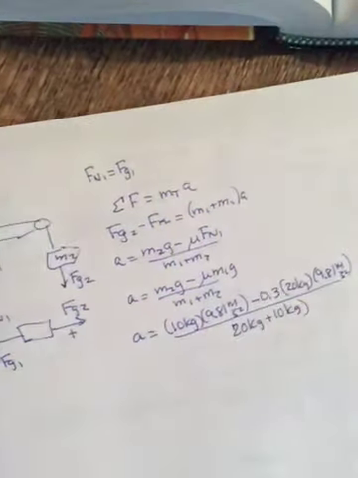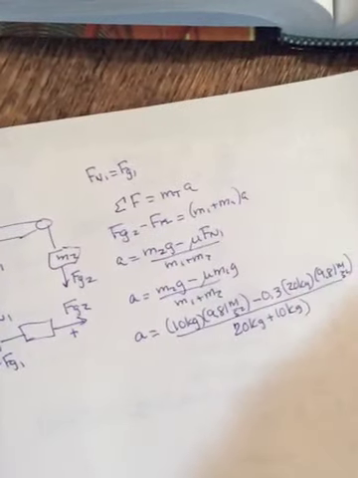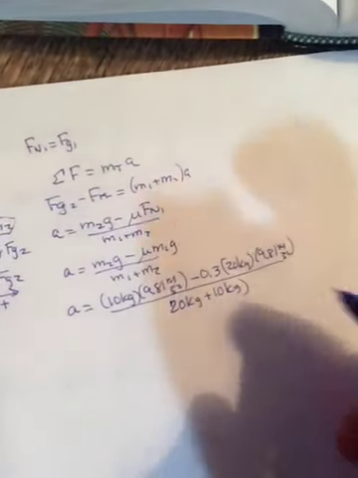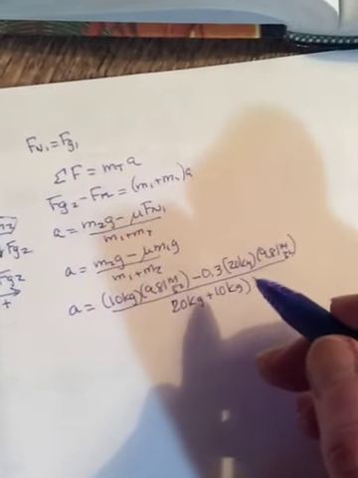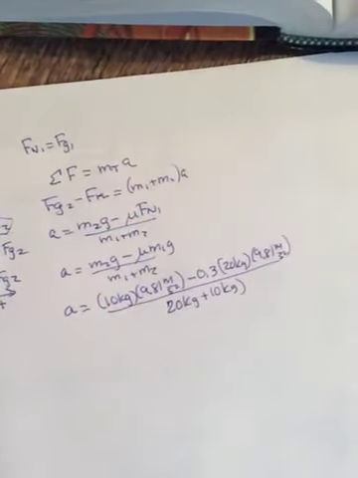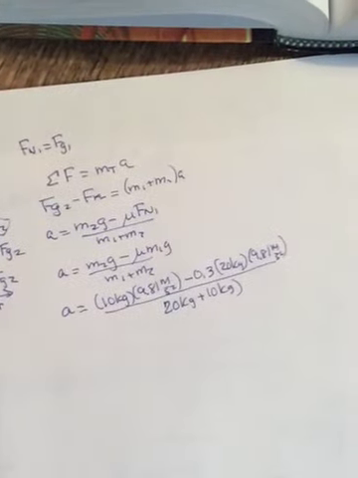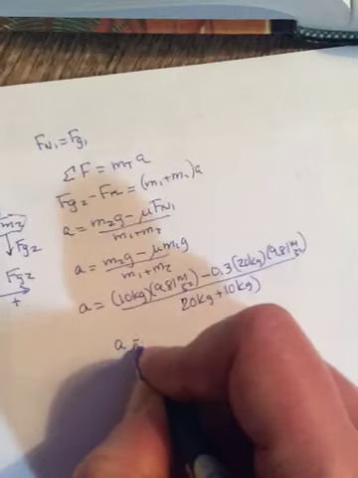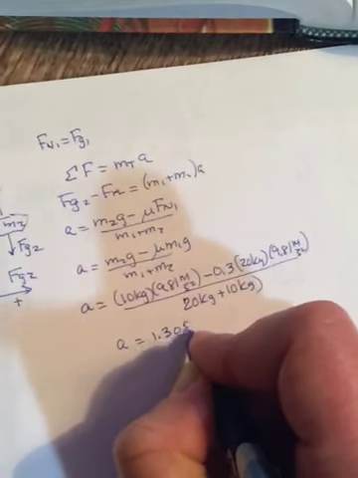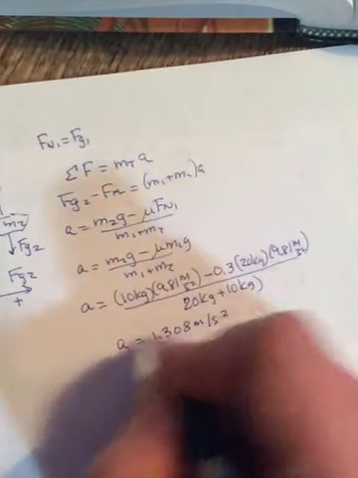First term is going to be 98.1. Second term, that's going to be like 6 times 9.81, so really ends up being 4 times 9.81. And then take away, divide by 30, 1.308, I think, meters per second squared.